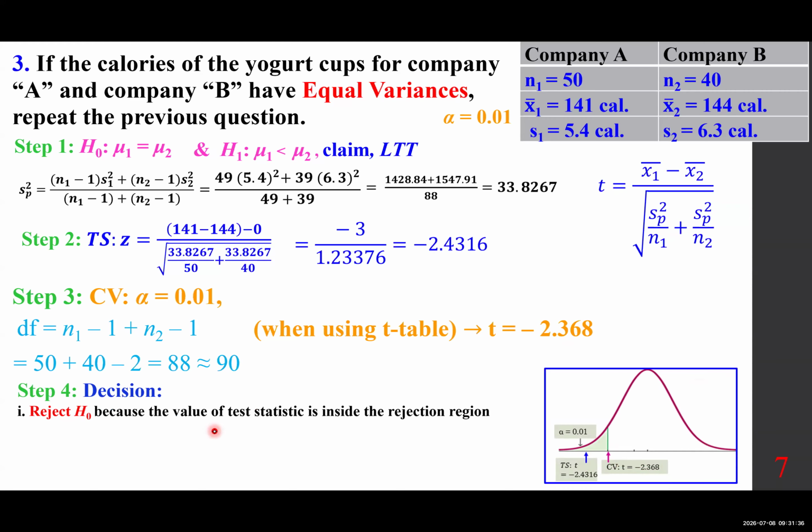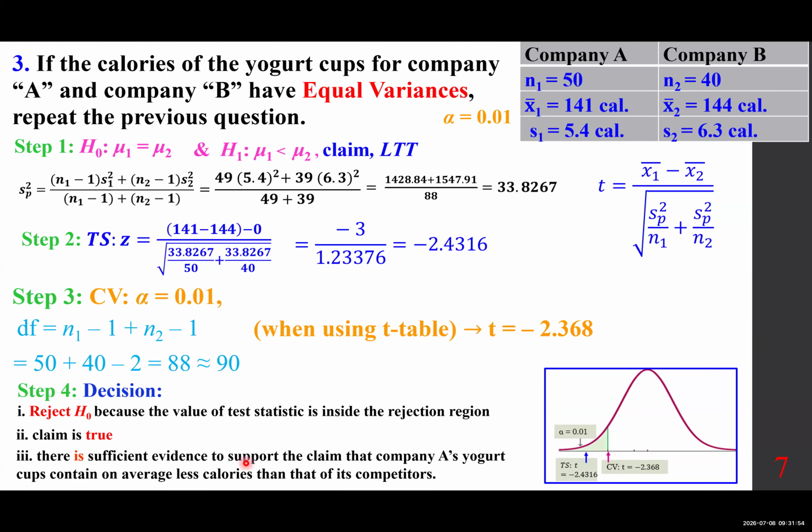Remember, everything we do is about H0, and then we expand. We go to the claim and say, okay, if we are rejecting H0, then loosely put, we are accepting H1, we are accepting the claim becomes true. And then we reinstate: there is sufficient evidence to support the claim that company A's yogurt cups contain, on average, less calories than that of its competitors.